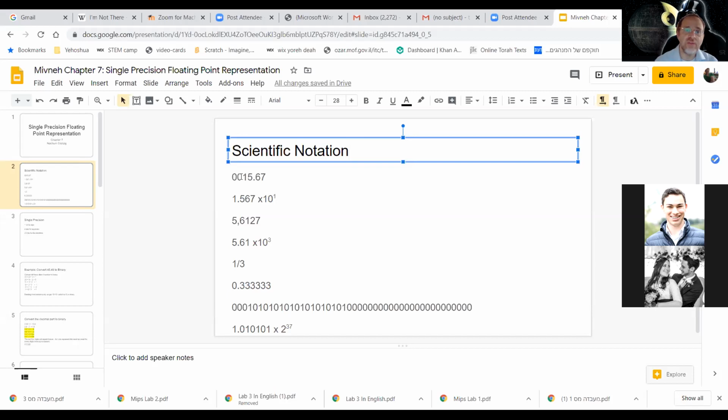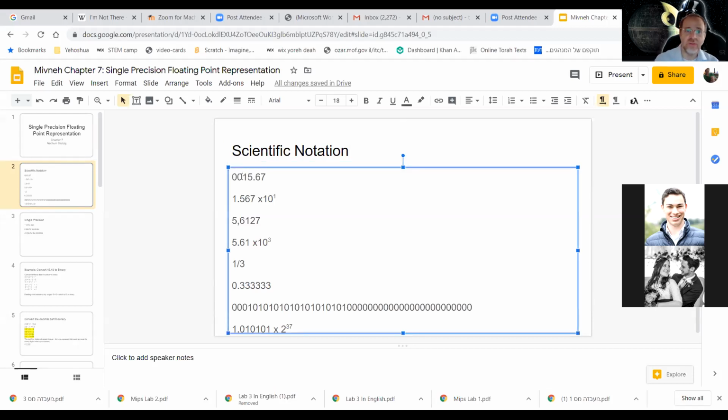So for example, let's start with something simple, 15.67, and I can also represent it as 1.567 times 10 to the first, because if I multiply that times 10 to the first, which essentially adds a 0, I multiply it by 10, and I get 15.67.